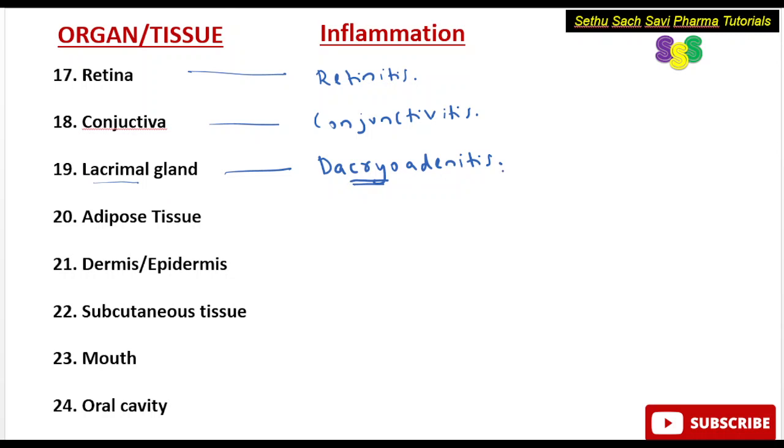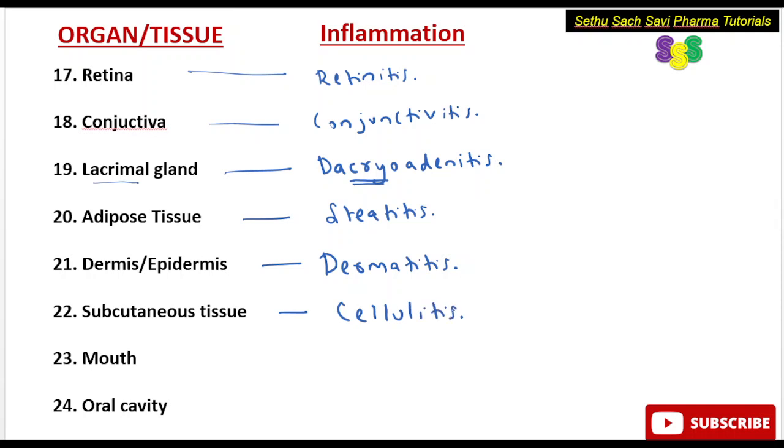Now coming to the inflammation of adipose tissue, it is called steatitis, whereas inflammation of dermis and epidermis is called dermatitis. Now coming to the inflammation of subcutaneous tissue, it is called cellulitis.